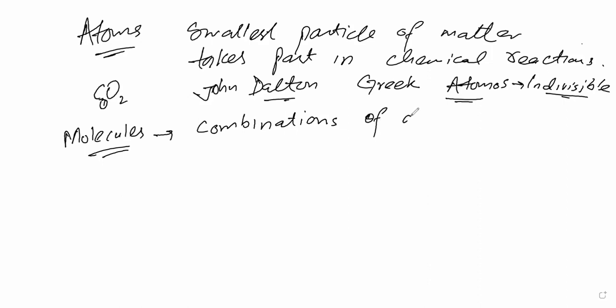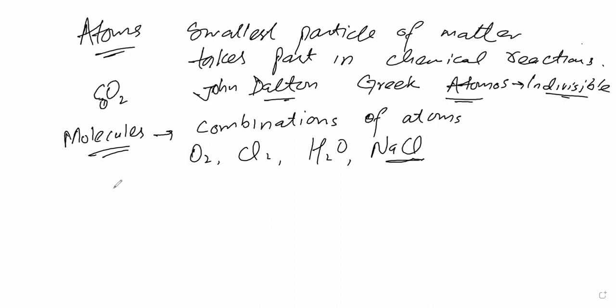Here are some examples: O2, Cl2, H2O, NaCl. So all of these are molecules. We'll study how many types of molecules there are, and how we can differentiate between them.